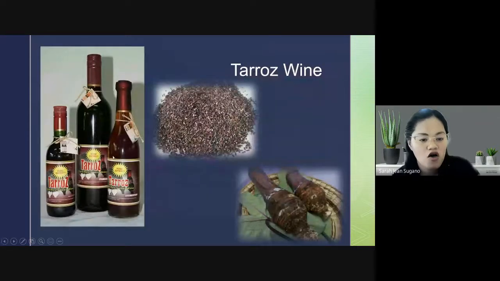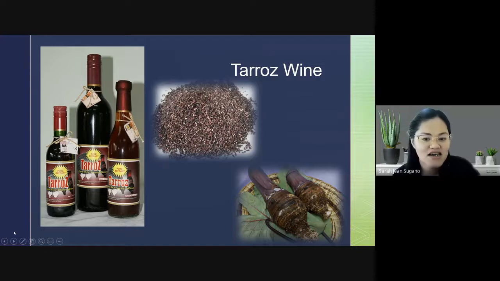sweet wine. Do you know, class, that this VG9 is really acrid and makes your throat itchy if you just cook it and eat it right away? But when it is processed, it is no longer itchy when you drink the taro wine.